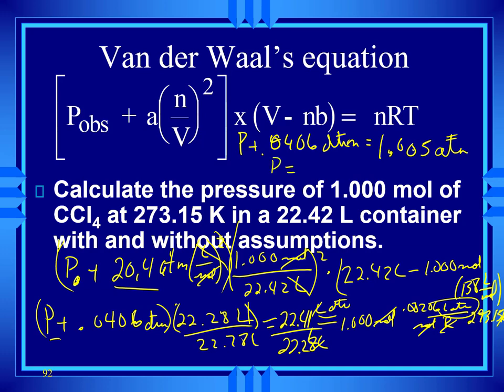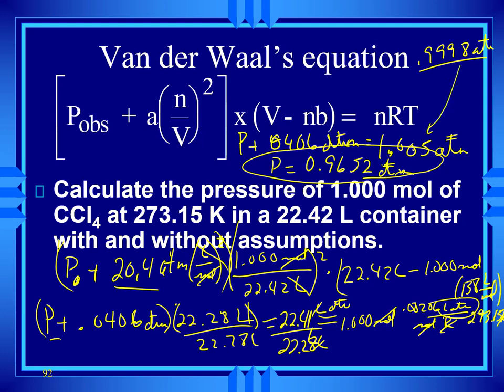So P equals, subtract 0.0406, and you get 0.9652 atmospheres. So the pressure is 0.9652 atmospheres compared to the 0.9998 that we got when we used the ideal gas law. So the pressure I see is a little bit lower than what I should. Okay.